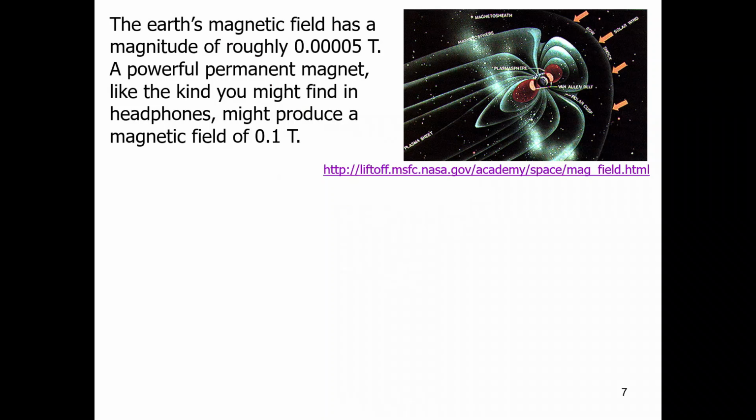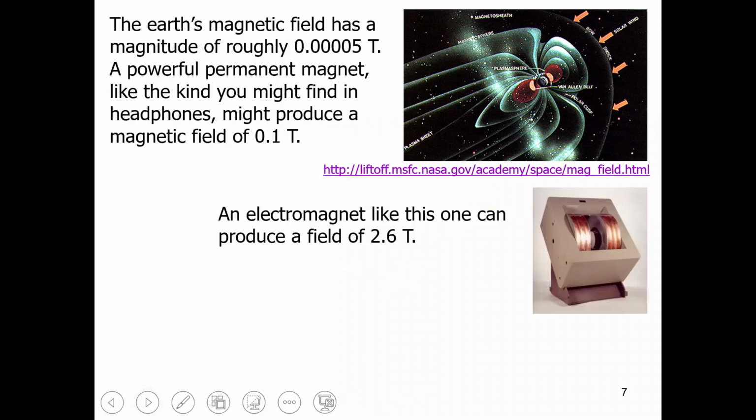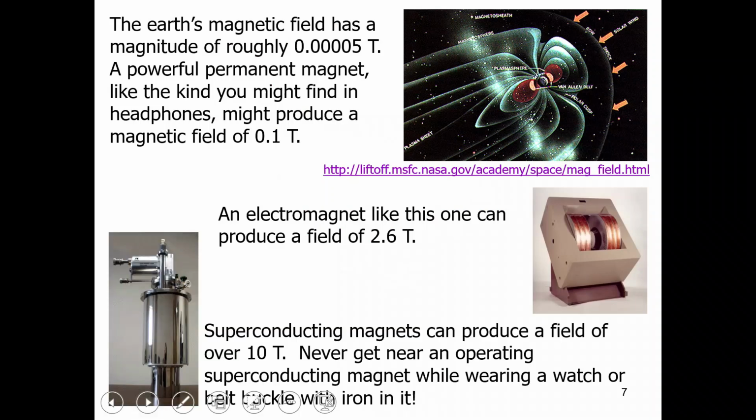A permanent magnet, like you might find in your headphones, might be 0.1 Teslas, so a little bit bigger. A big electromagnet like you might see for industrial uses might be 2.6 Teslas. Superconductor magnets can be around 10 Teslas.